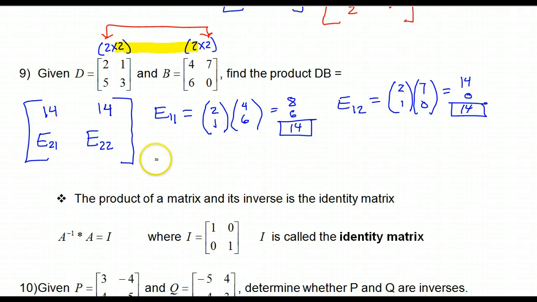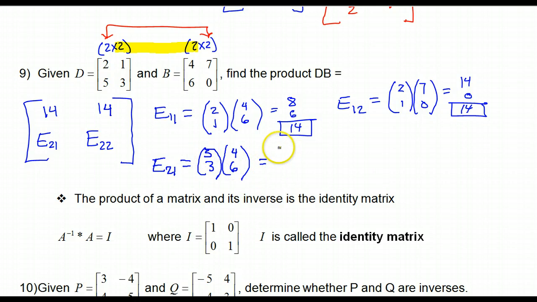Now let's move on to finding element 2, 1. That means I need row 2 and column 1. Row 2 is 5, 3. Column 1 is 4, 6. So that is going to be 20 and 18, so that's 38. So this element right here is indeed 38.